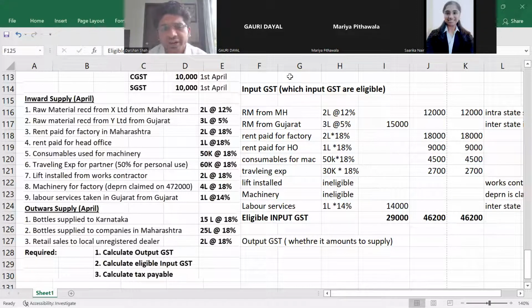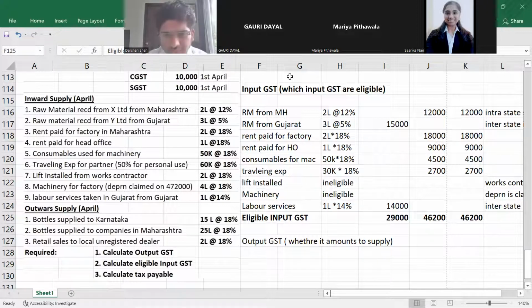It is not needed at BCom level. So you can just write a note that we are assuming the lift to be immovable property. That's it.